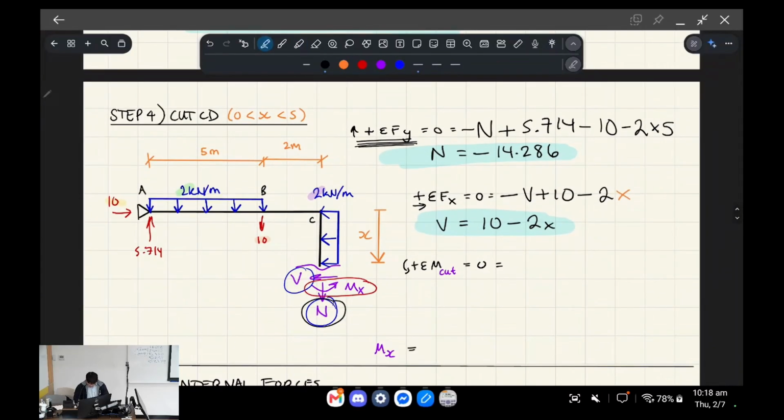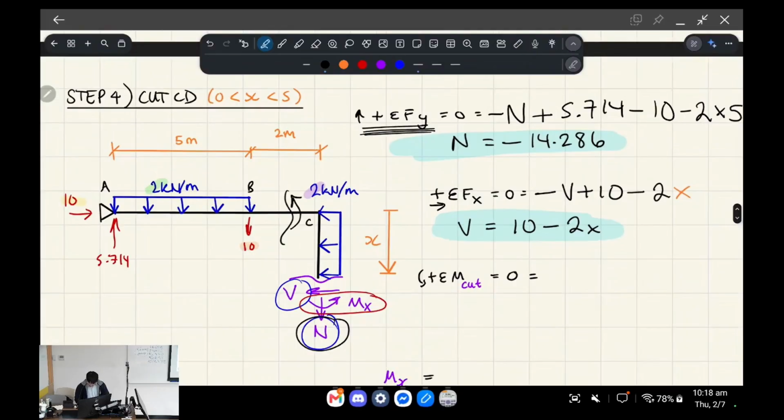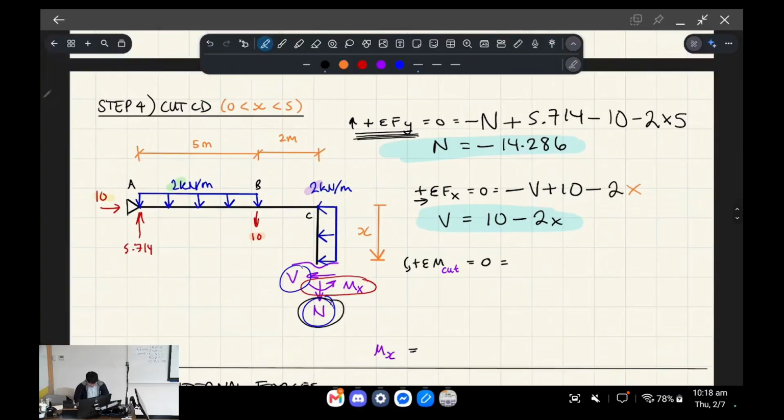The next thing is summing the moments about the cut. This is quite similar, because if we were taking the internal forces when looking at these beams versus looking at this column, not much changes, because we're still taking the sum of the moments and we're still considering the counterclockwise direction as positive.